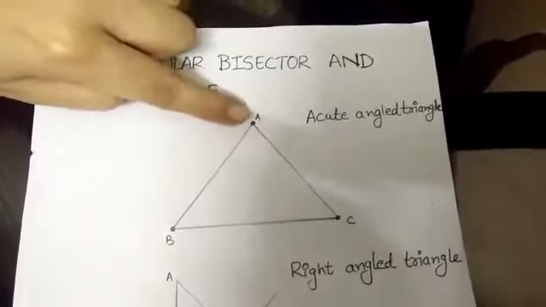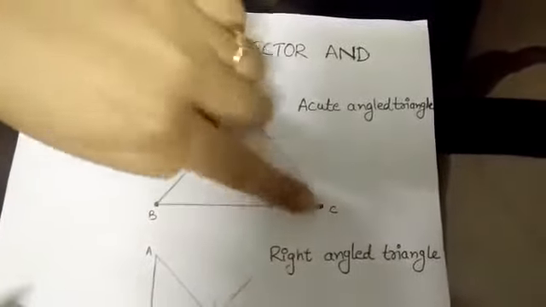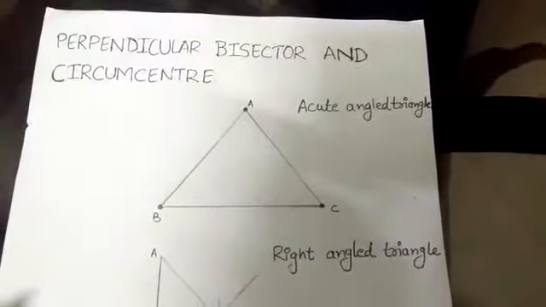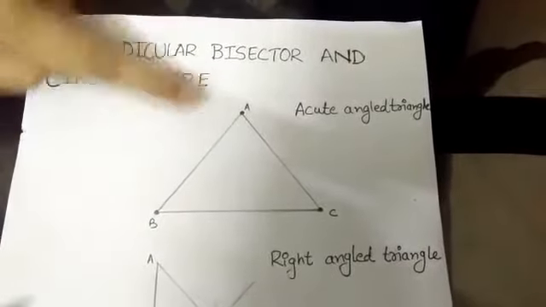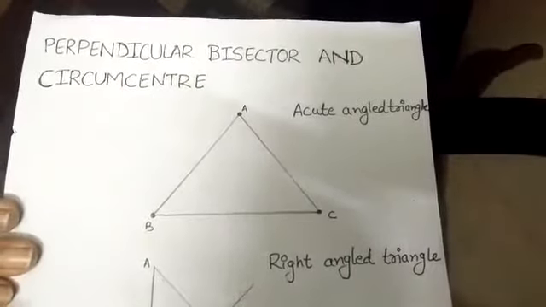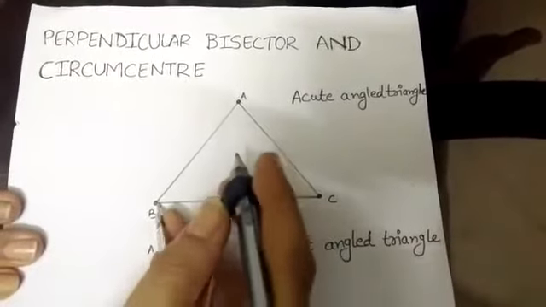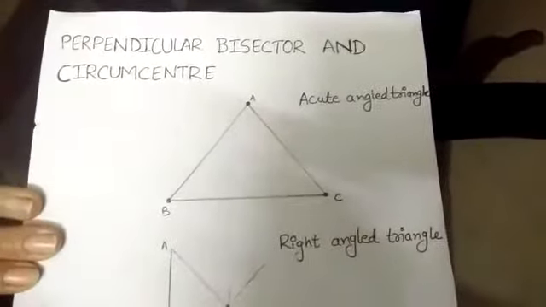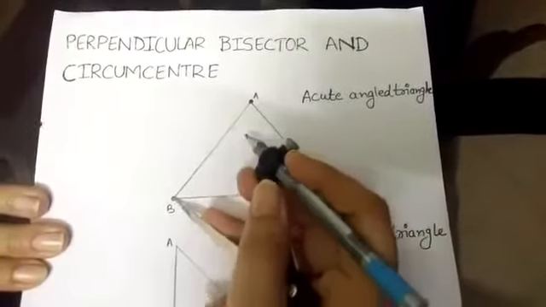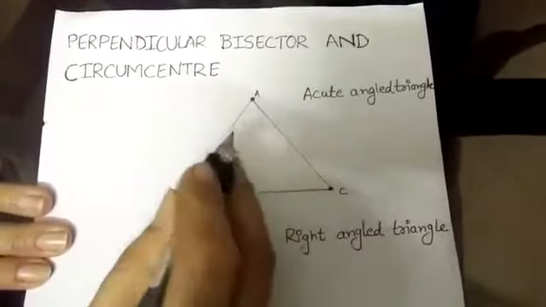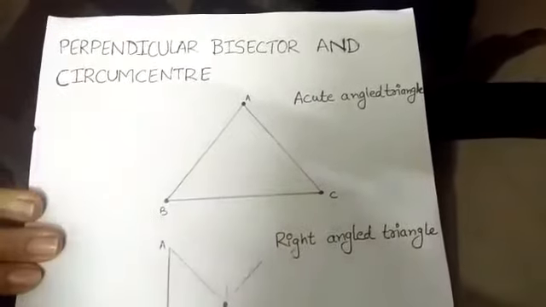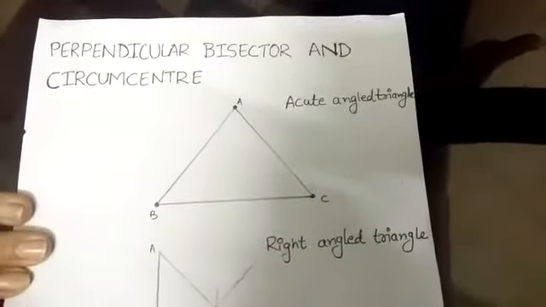Here, one triangle, acute angle triangle ABC is drawn on this paper. Now, I am going to draw the perpendicular bisector of these three sides of this triangle. Suppose, first of all, I am taking the side AB. How to draw the perpendicular bisector, बच्चे? Whatever the measurement of this AB, जितना भी होगा, you have to open the compass more than half of this measurement.